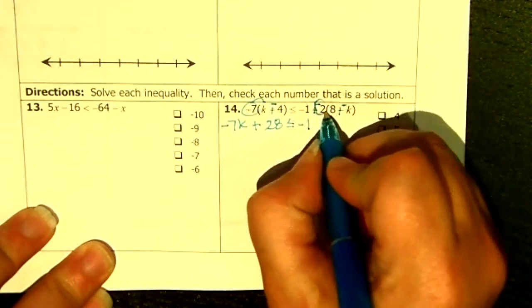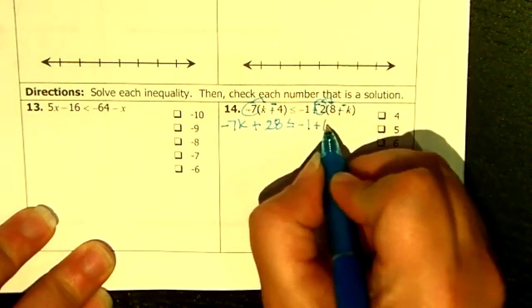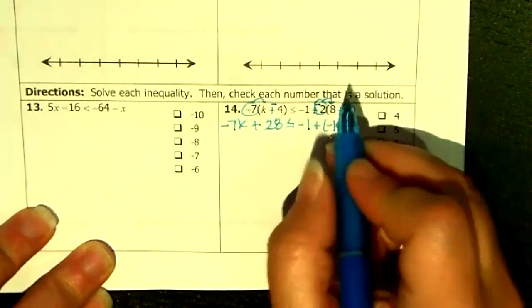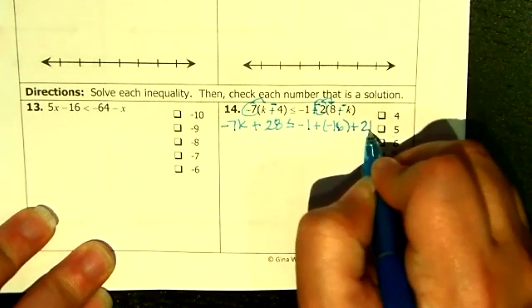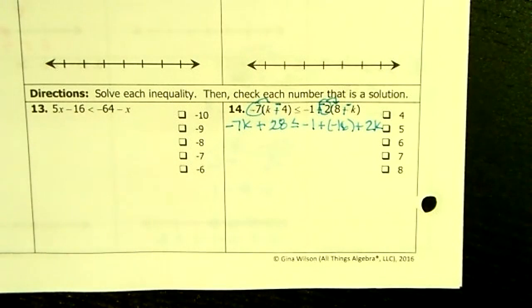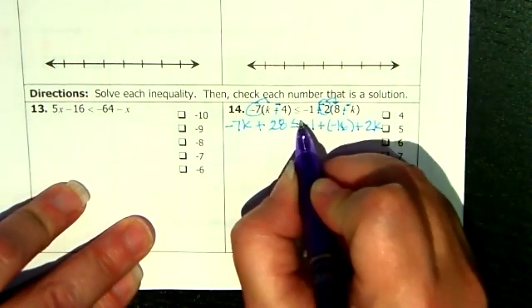Now I'm doing -2 times 8, so that's going to give me plus a -16. Then I have -2 times a -k, so that gives me a positive 2k.